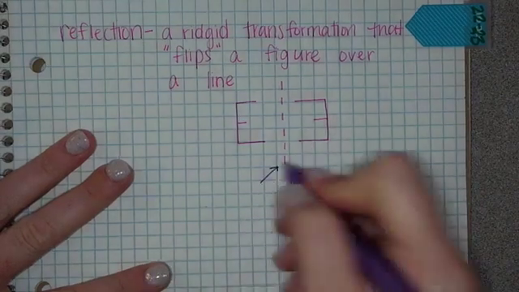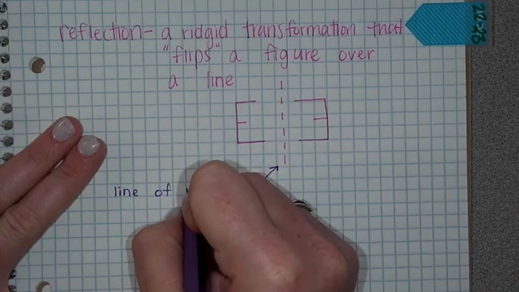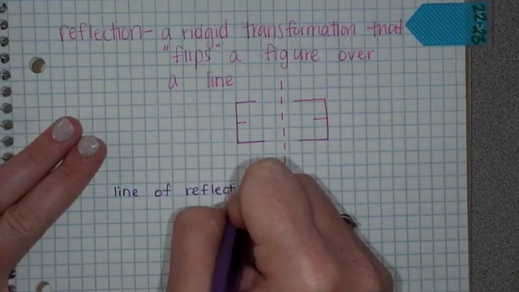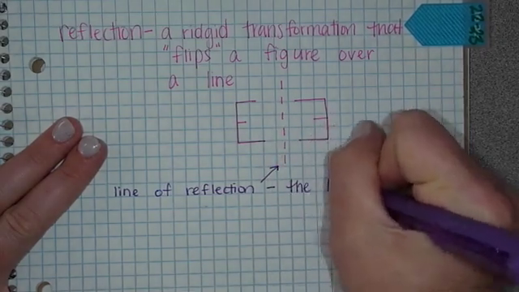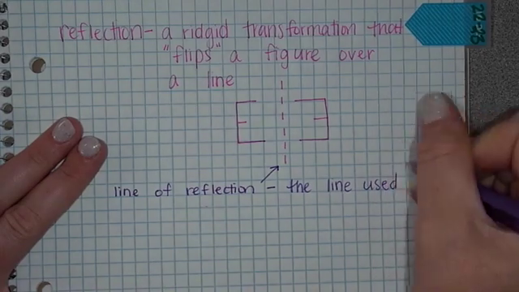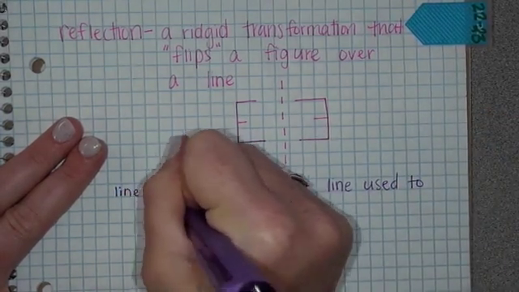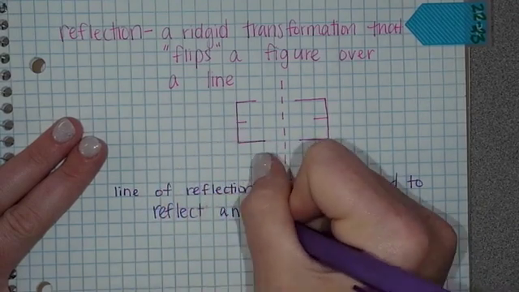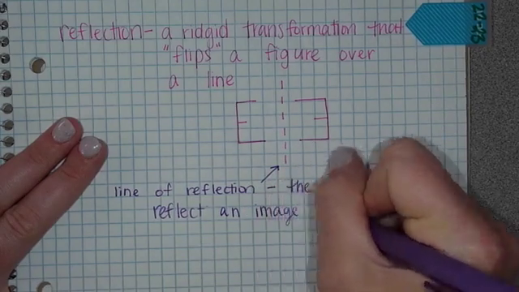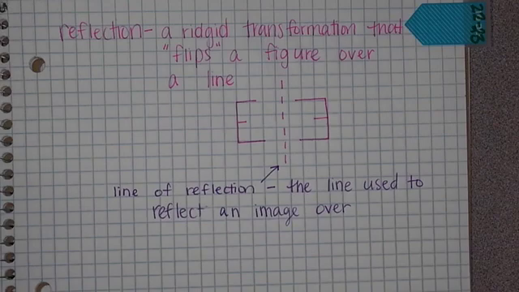This is called the line of reflection. It's the line used to reflect an image over. Okay, sorry, I had to move my paper.